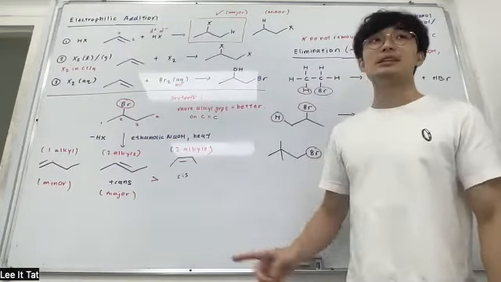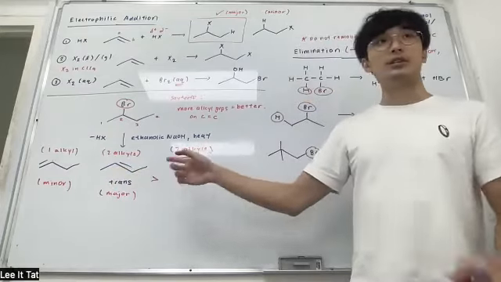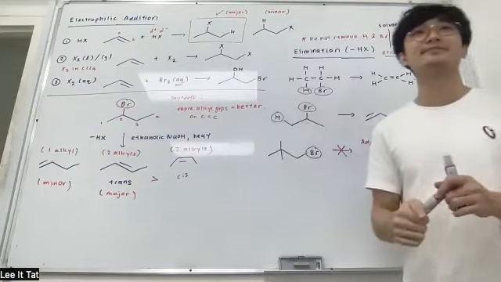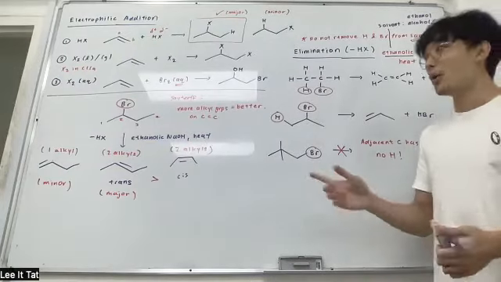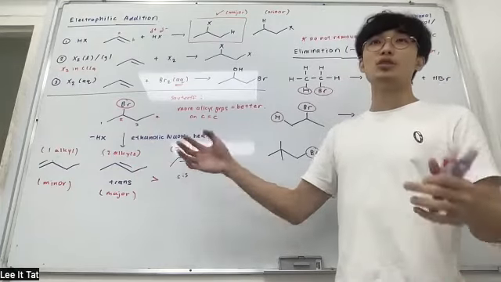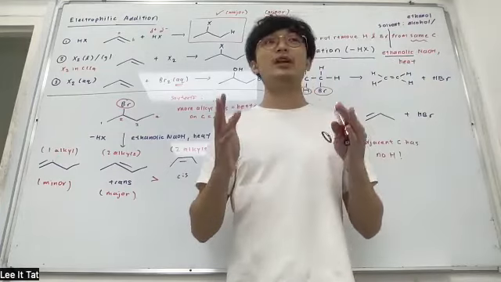Cis is on the same side. If the groups are opposite versus on the same side, which one is more spacious? Opposite sides, right? So this cis over here, having 2 groups on the same side, is not spacious at all. And that one will actually result in repulsions.